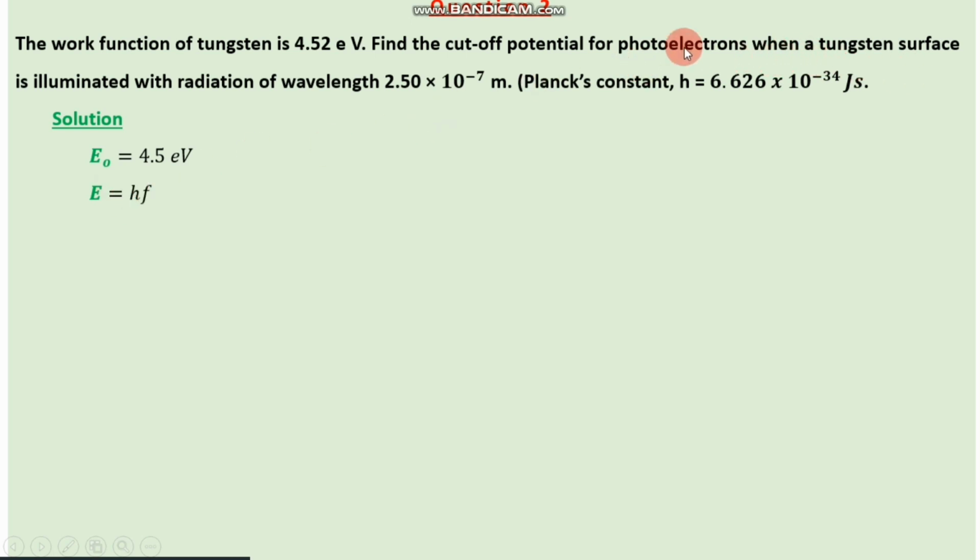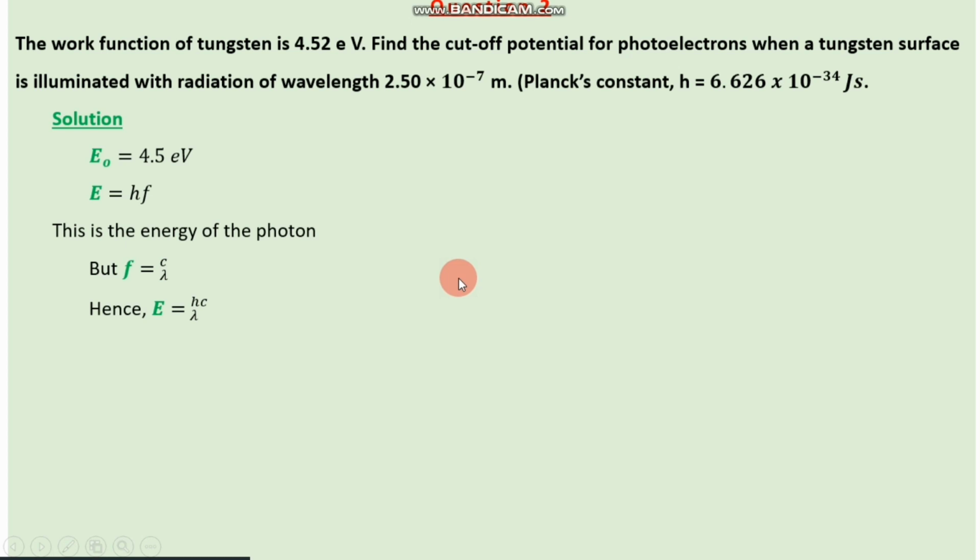The energy of this radiation illuminated on the tungsten is given by hf. This energy can be more than the cutoff energy, and because we are not given the frequency, we can substitute frequency with c divided by the wavelength, because frequency is given by the speed of light divided by wavelength.